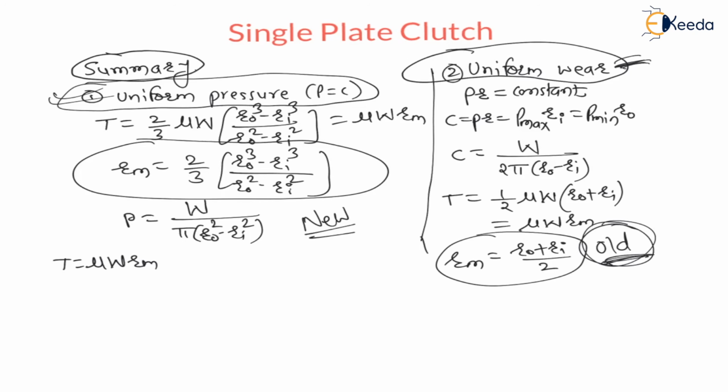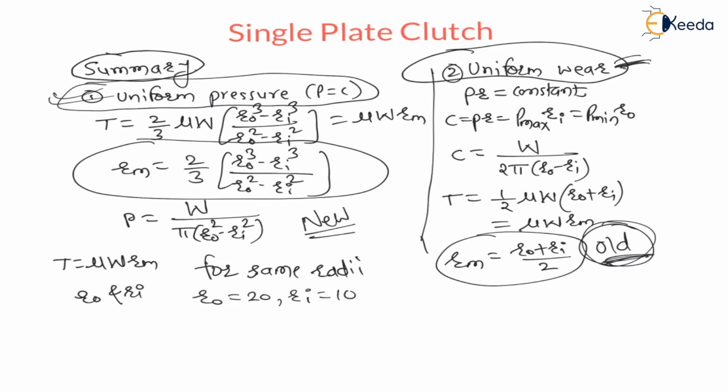Now for any radii, let us say for the same radii, that means for the same values of Ro and Ri as per uniform wear theory and uniform pressure theory, consider any values. Let us say outside radius I am considering 20 and inside radius I am considering 10.